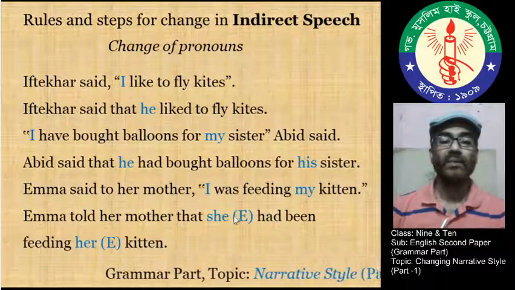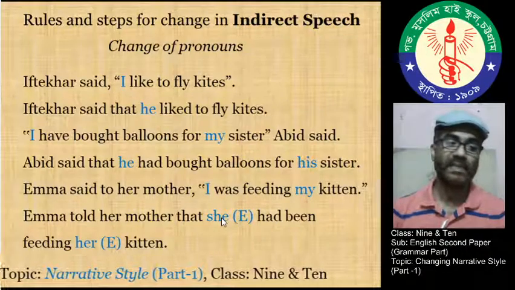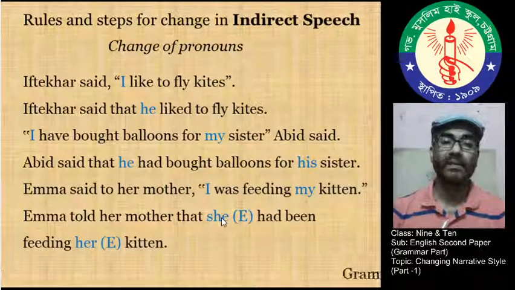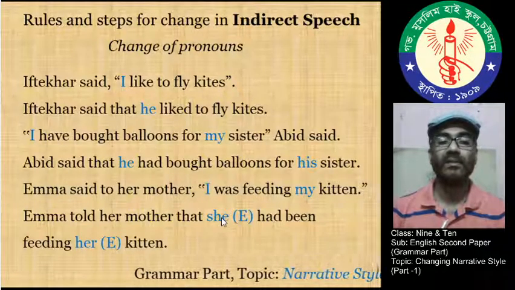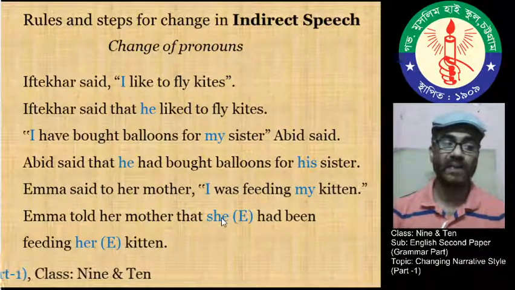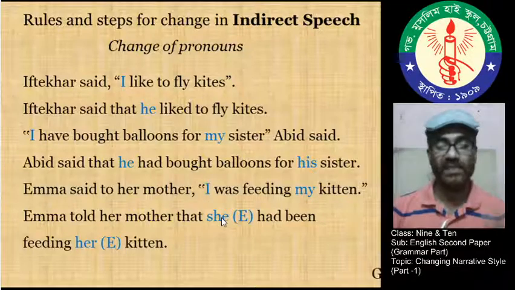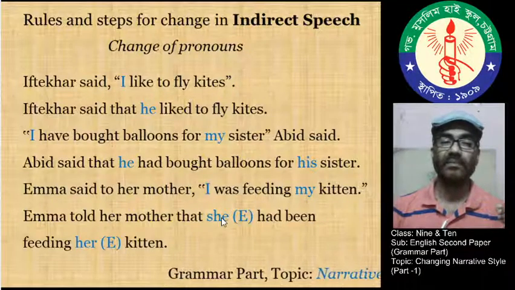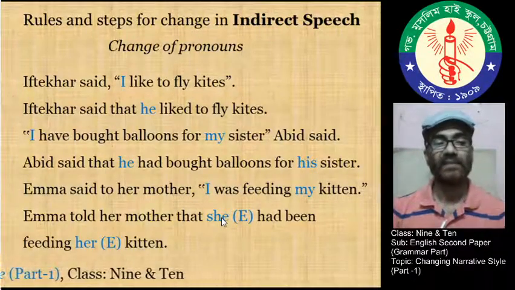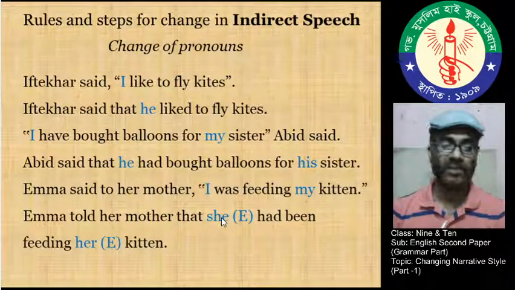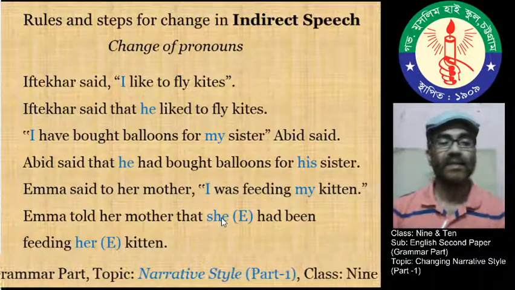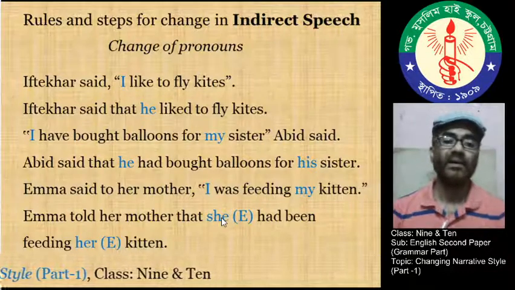So when we write she, we have to write an indicator such as the first letter of the word. Here we wrote Ima. E means Ima. If we indicate by she as her mother, we should write here M, that means mother. Okay, she means Ima, and also here her means Ima.